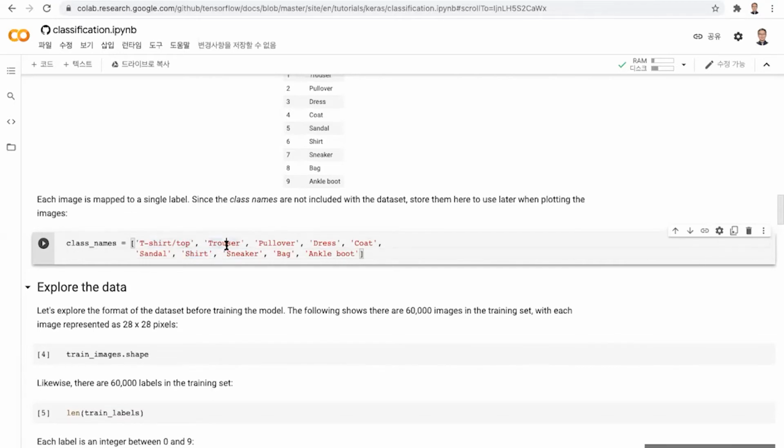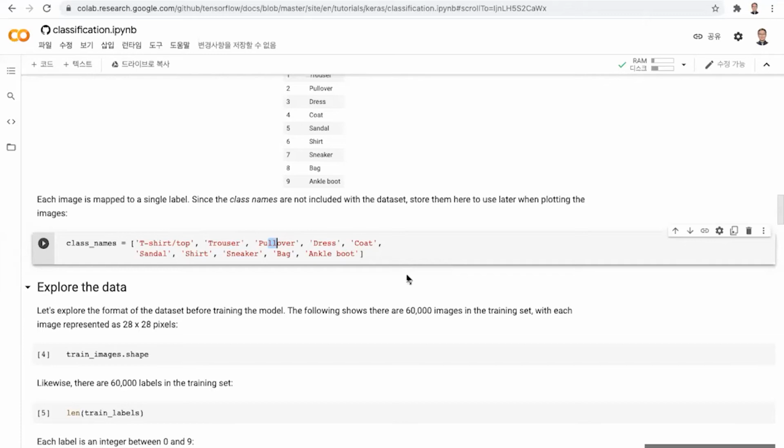This is not necessary, but as humans, we like to see the actual explanation instead of the numbers. So it's a t-shirt, it's a trouser, but everything corresponds to a specific number: 0, 1, 2, 3, and so forth.